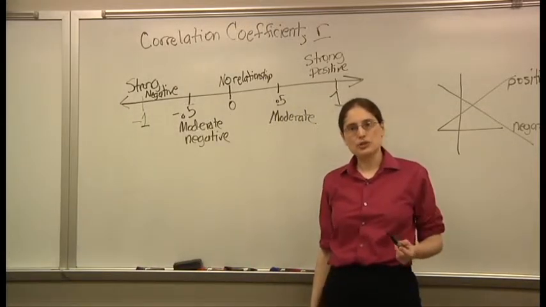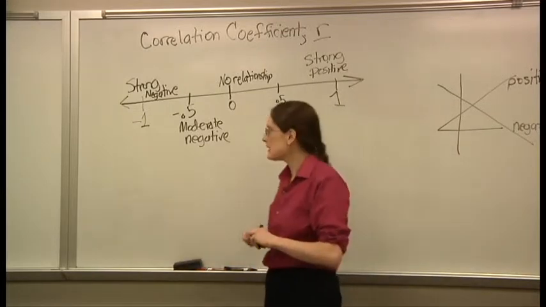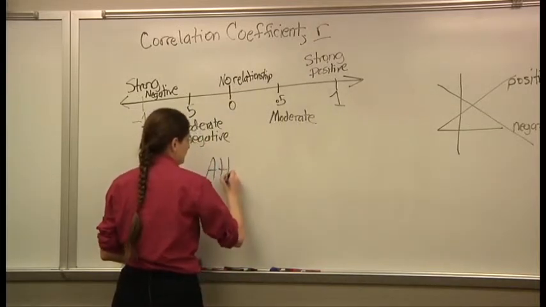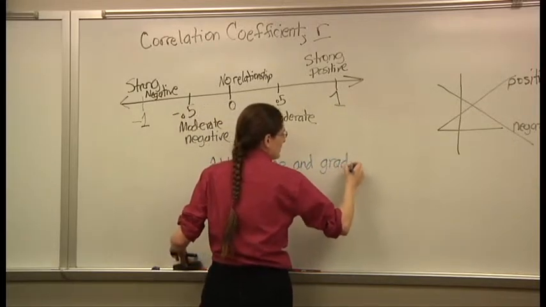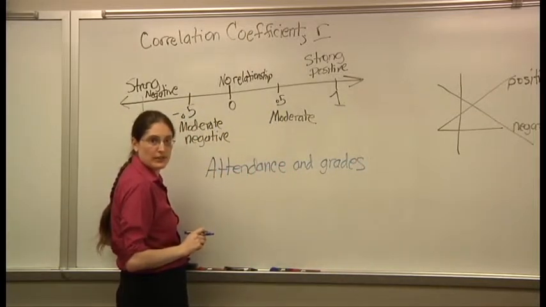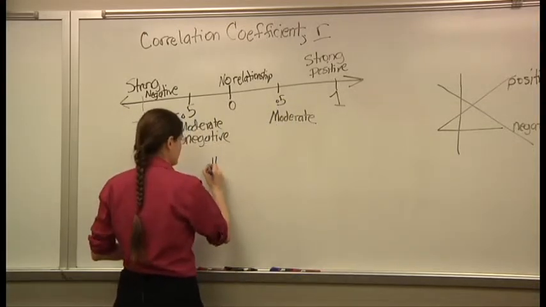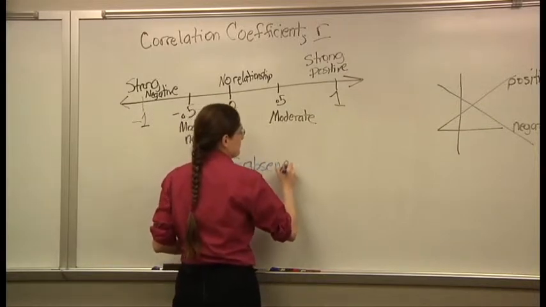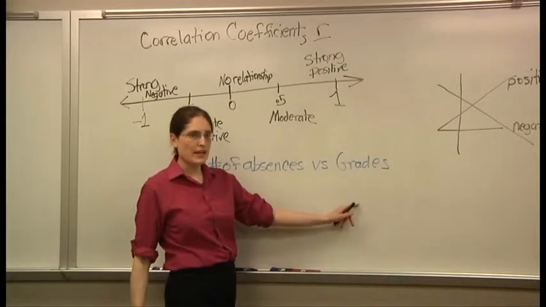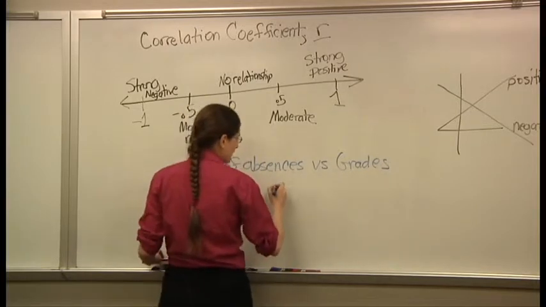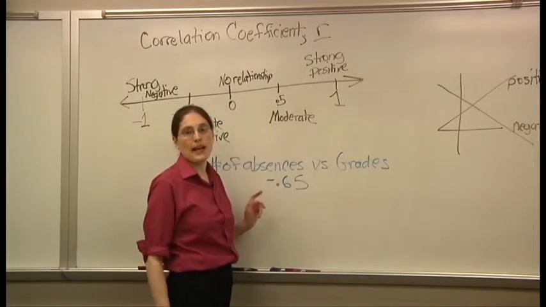So, if I told you that the correlation between attendance and grades, or rather your number of absences and your grade in an algebra class was -0.65, what would that mean?